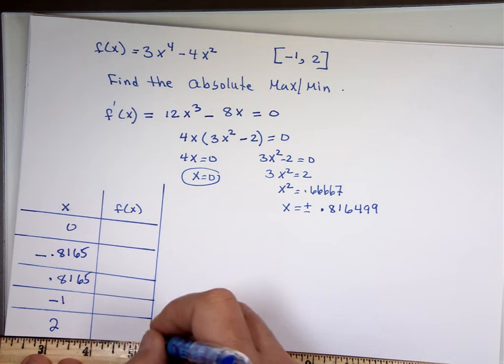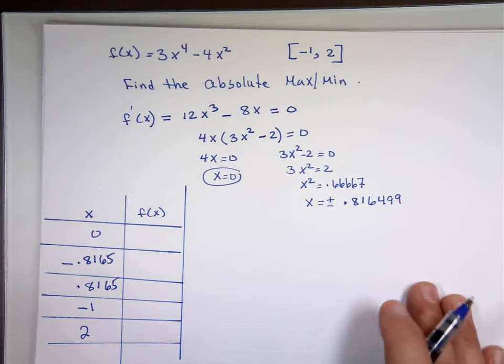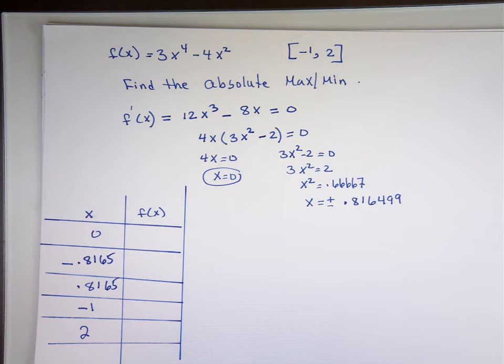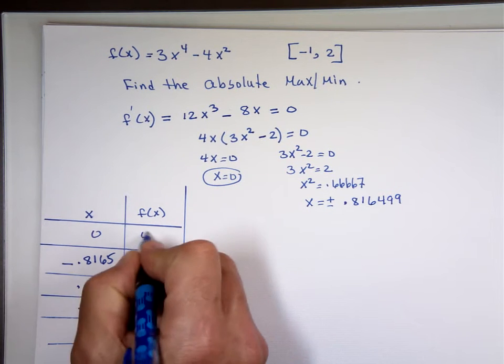And let's see what the y value is for each one of them. Y equals, let me clear this, 3x to the fourth minus 4x squared. When x is 0, what's the y value? 0.